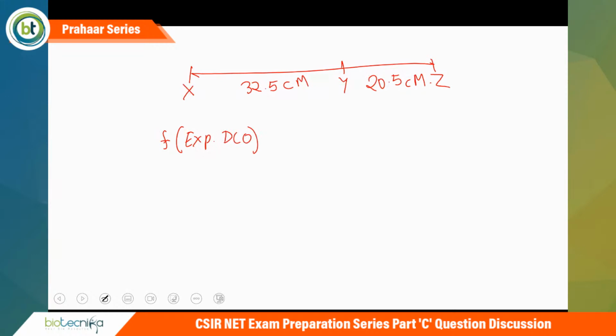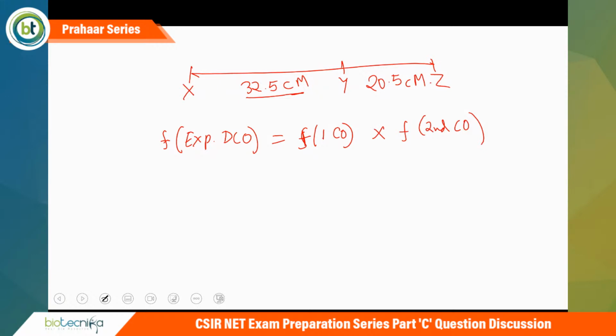So what is our expectation? That both the crossing over events are independent. So it will be the probability or frequency of the first crossing over multiplied by the probability or frequency of the second crossing over. This distance is actually the recombination frequency percentage.